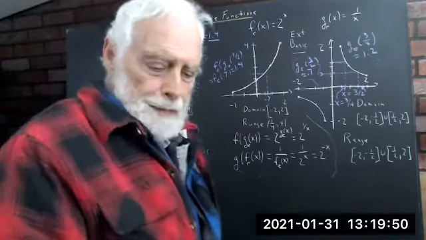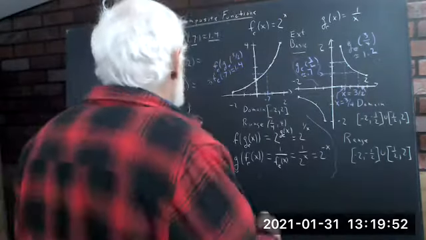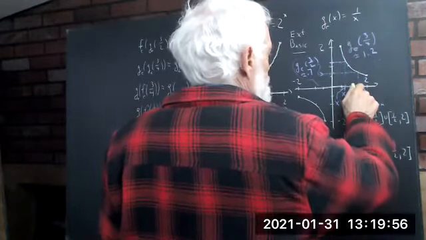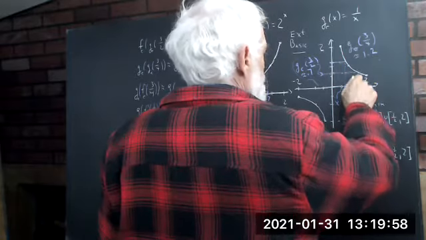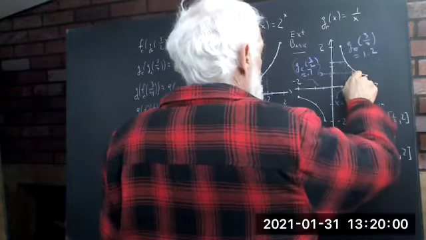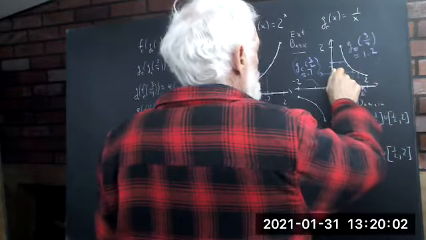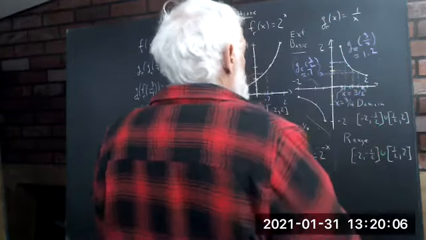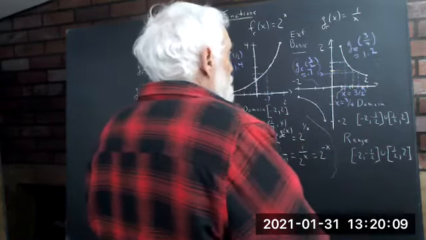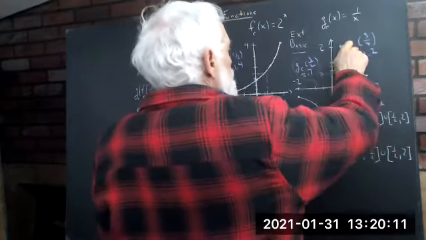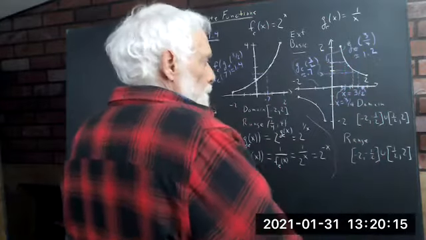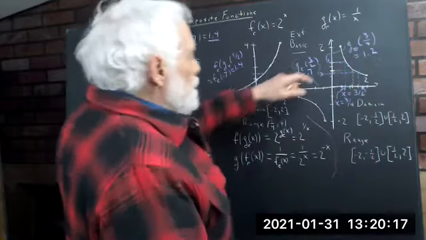Okay, well, I'm going to change my color coding here a little bit. 1.2 is about here. And g of 1.2 is about here. Now let's see, my g of 3/4 is about here. Okay, my g of 1.2 is about here.